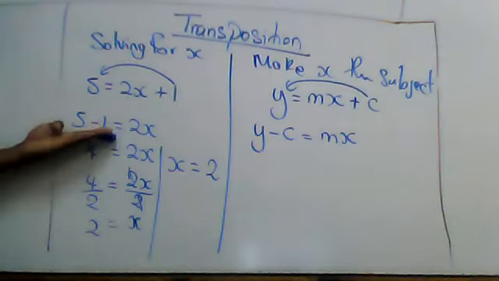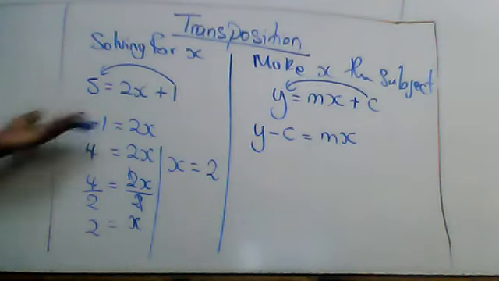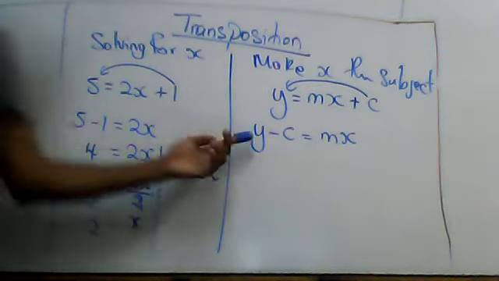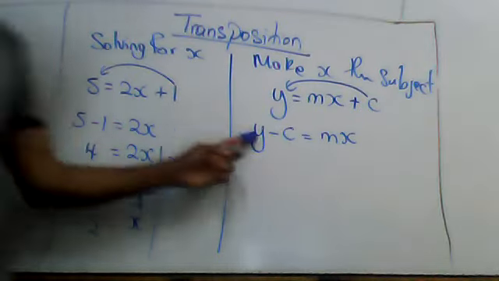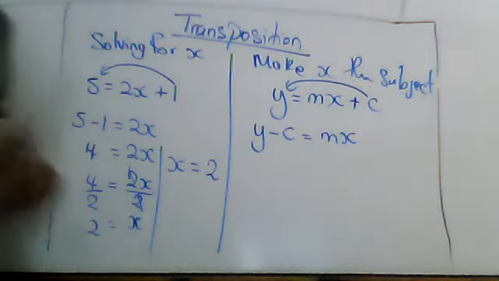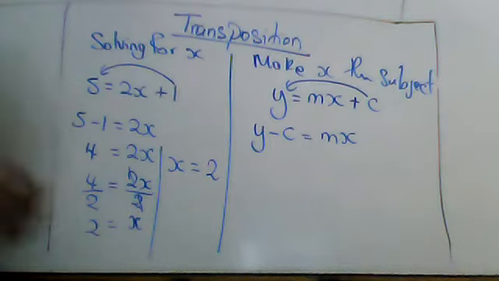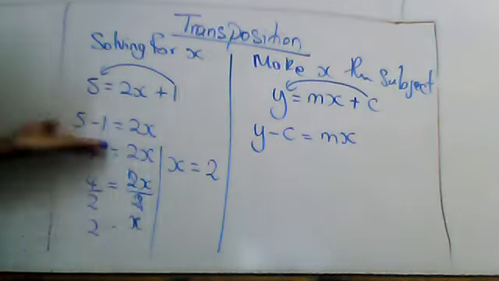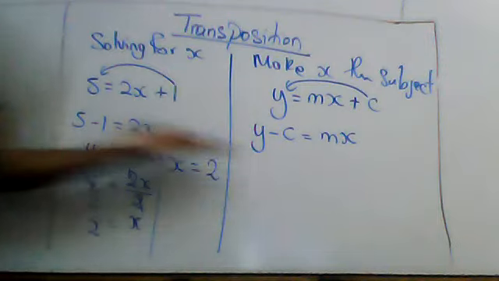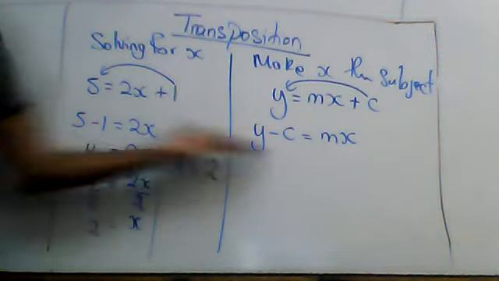So we end up with the first step right here. We usually have 5 minus 1. Right here we have y minus c. With 5 minus 1, we know that that is 4. But y minus c, we cannot subtract c from y because they are 2 different variables. So we just leave it as it is. Everybody is seeing the connection?